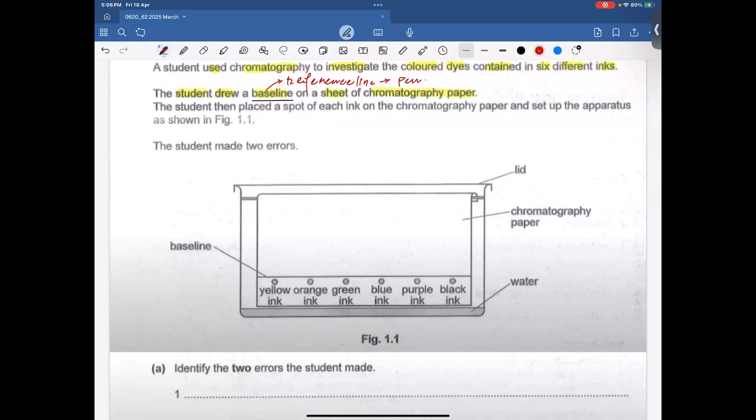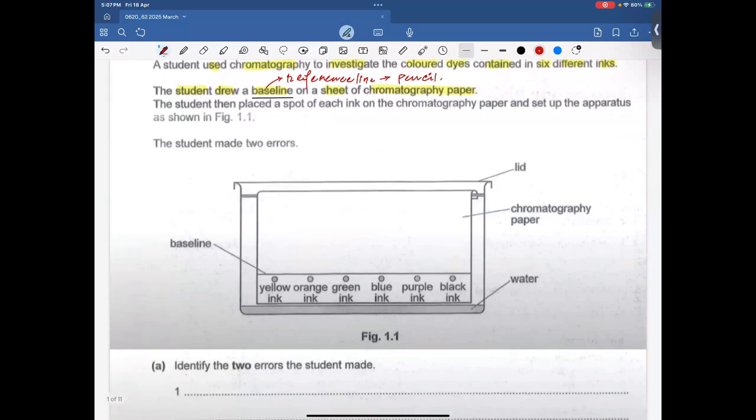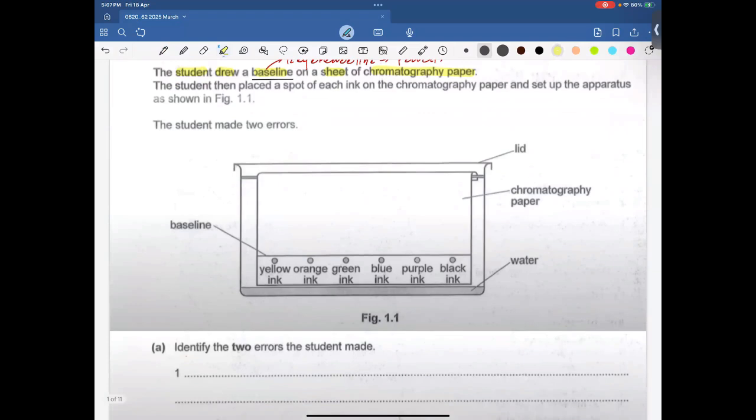And why specifically pencil? Because pencil mark is not soluble in the solvent. Also, this mark cannot interfere with the sample or the dyes of the inks. The student then placed a spot of each ink on the chromatography paper and set up the apparatus as shown in figure 1.1. The student made 2 errors.